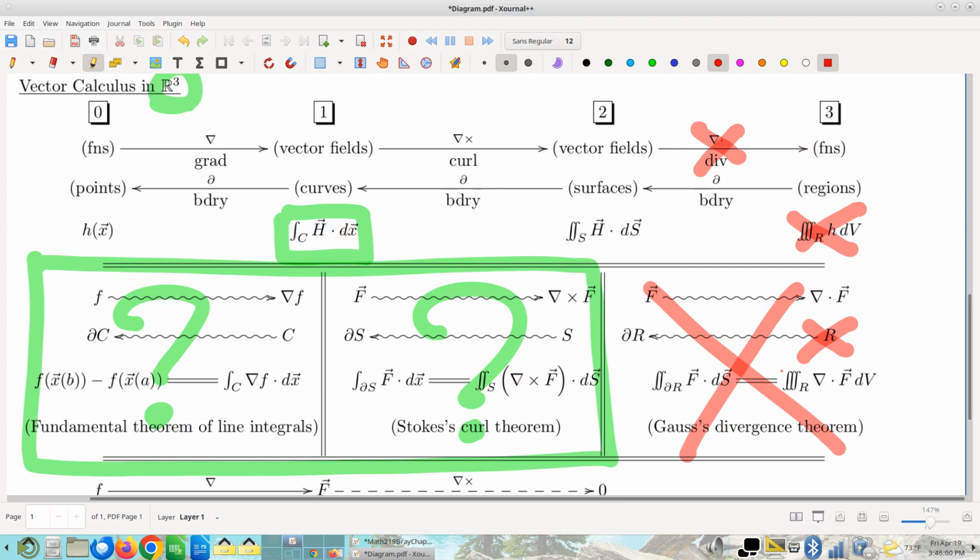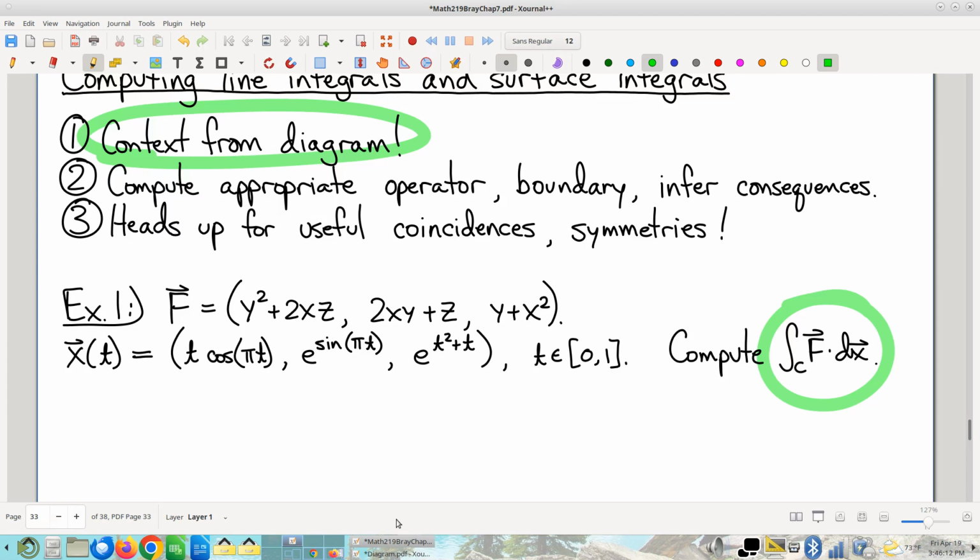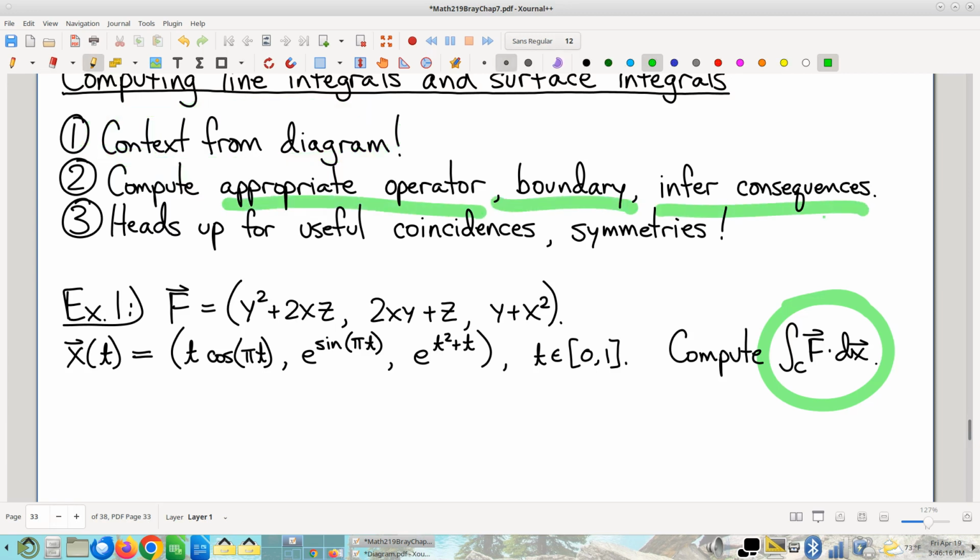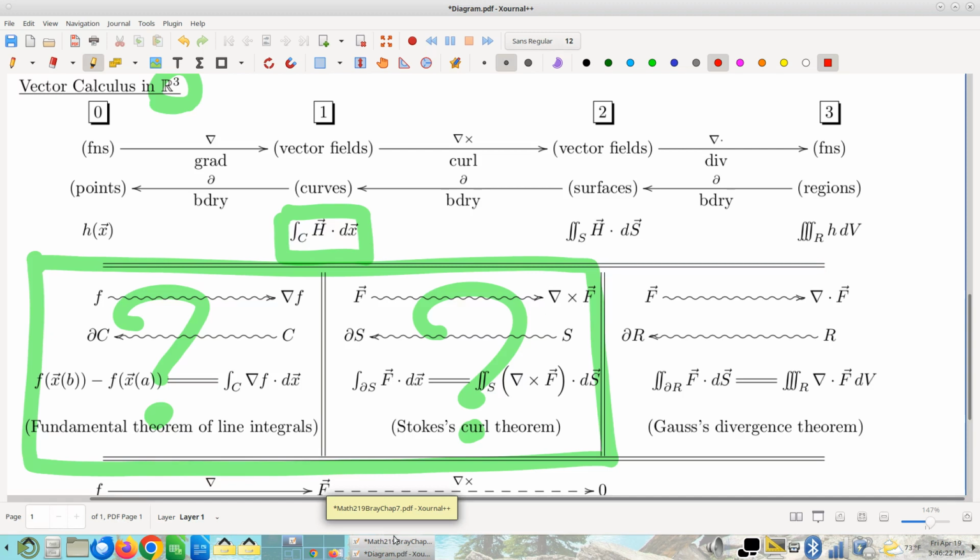The diagram is what helps us with that. Okay, what else to do? The little instructions that we have down here say compute the appropriate operator and boundary and infer consequences. Okay, well let's do as we are told. What is the diagram telling us to do?